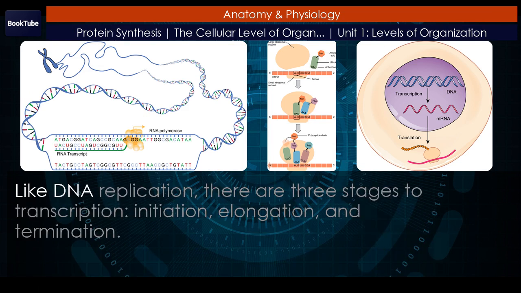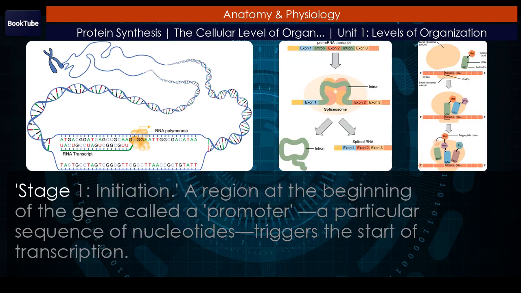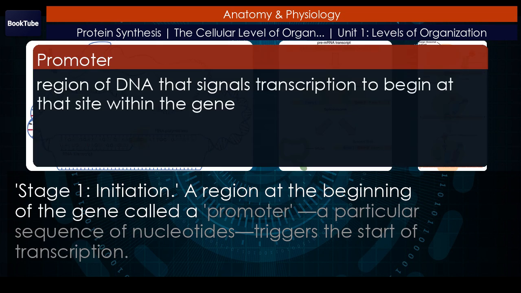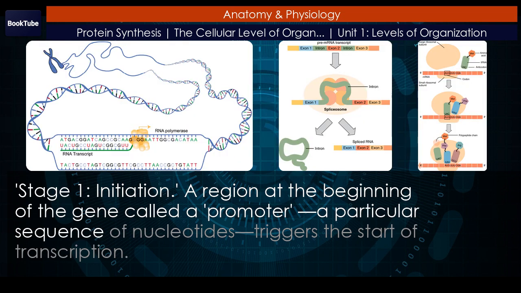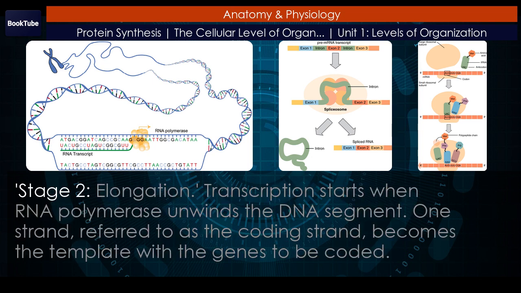Like DNA replication, there are 3 stages to transcription: initiation, elongation, and termination. Stage 1. Initiation. A region at the beginning of the gene called a promoter, a particular sequence of nucleotides, triggers the start of transcription. Stage 2. Elongation. Transcription starts when RNA polymerase unwinds the DNA segment.